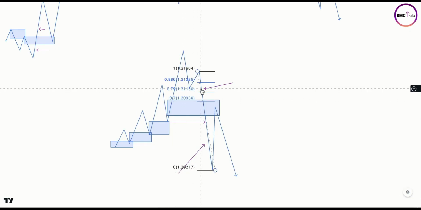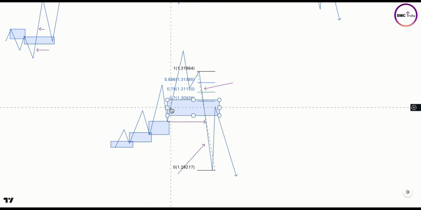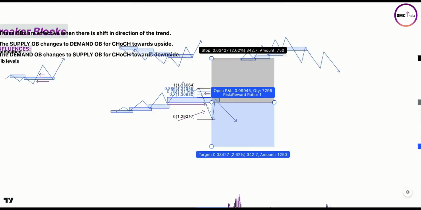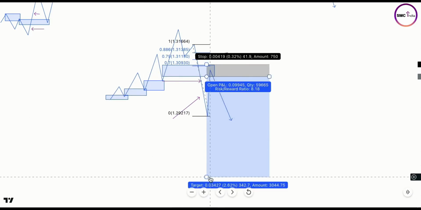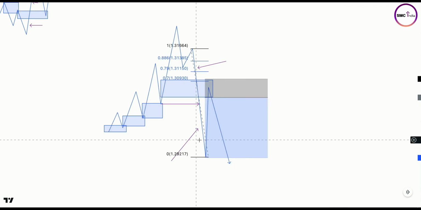That is when your order block matches with your premium fib levels up here. You consider this order block as valid, and you trade from this breaker block. So what you do next is that you take your short position down here from this breaker block, putting your stop loss above it and targeting this level. So this is how you trade a breaker block.